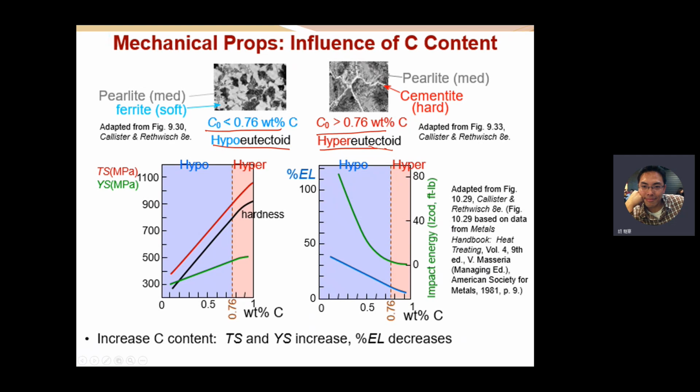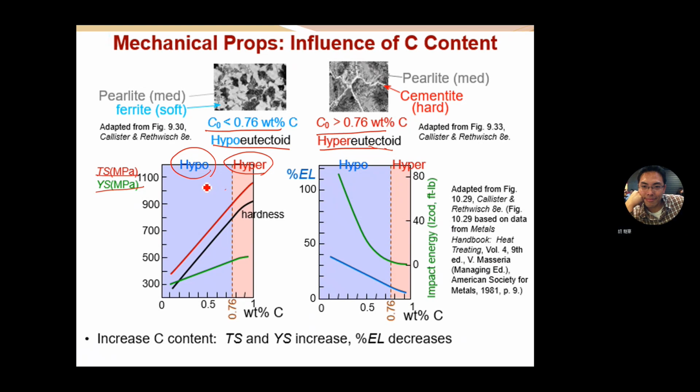And what are their mechanical properties? Okay, so we just look at these two figures. One is for the hypo and hyper with tensile stress and yield stress. Okay, this tensile stress and yield stress increase with increasing carbon content, right?